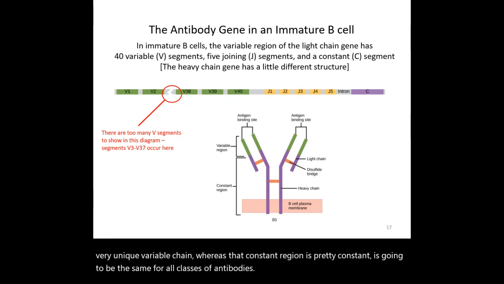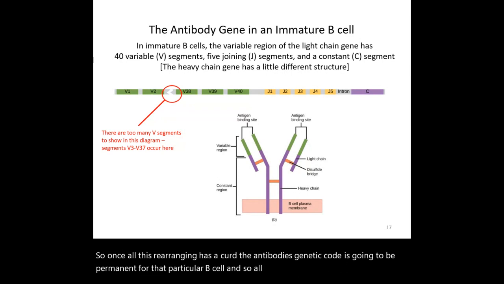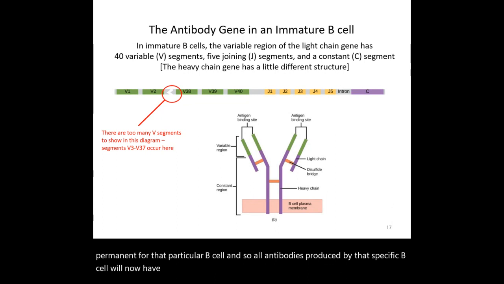So once all this rearranging has occurred, the antibody's genetic code is going to be permanent for that particular B cell. And so all antibodies produced by that specific B cell will now have that specific variable region and paratope, which will be unique to one particular pathogen.